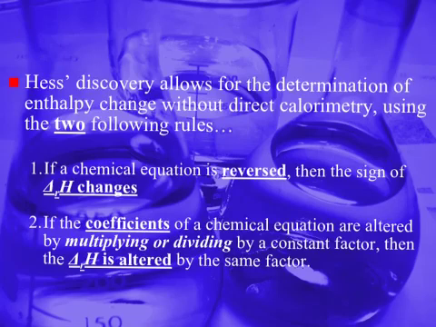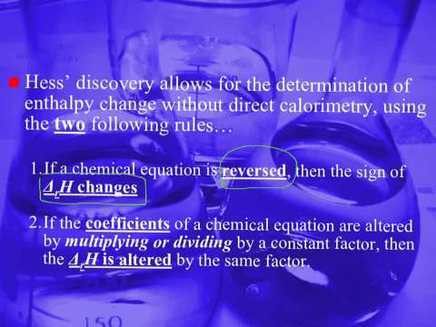Hess's law allows us to determine the enthalpy of a reaction without actually performing the reaction that we want to study. We can do indirect calorimetric studies. He has two rules. If an equation is reversed, then the enthalpy of reaction is also inverted or opposite.